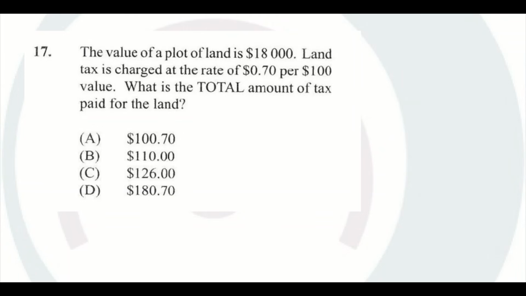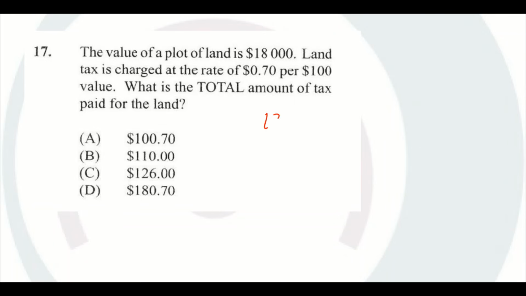The value of a plot of land is $18,000. Land tax is charged at a rate of 70 cents per $100 value. What is the total amount of tax paid for the land? Alright, so I just want to find the total amount of tax. So we need to find how many $100 are in 18,000.